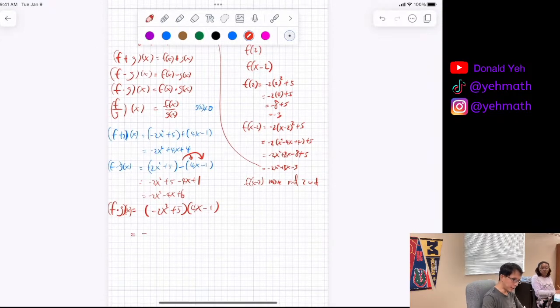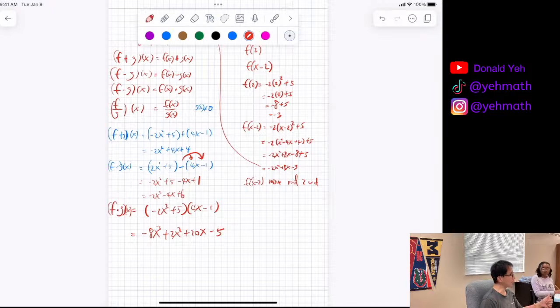And that's going to be -8x to the third plus 2x squared plus 20x and then minus 5. And that is dot. Dot means multiplication. Later on, you're going to learn dot is a dot product, but in this case, dot is just multiplication. Dot product has nothing to do with this, by the way.